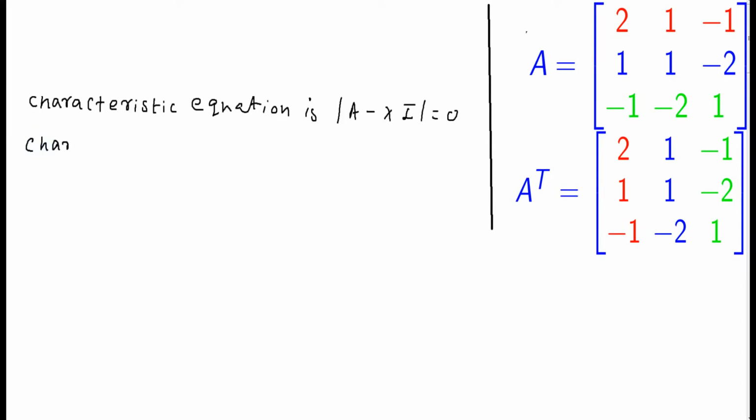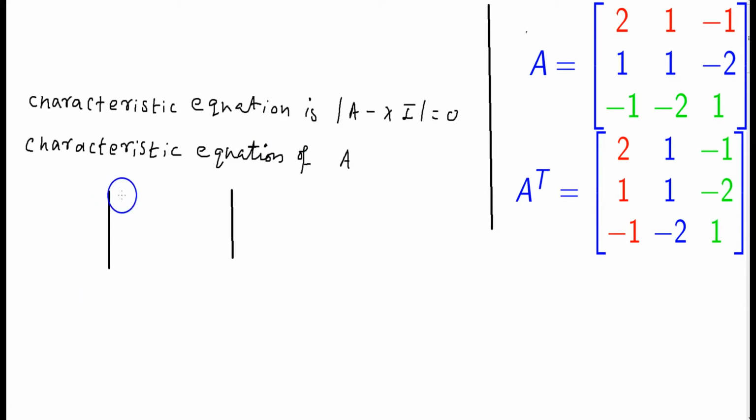Then the result of A minus lambda I becomes mod [2 minus lambda, 1, minus 1; 1, 1 minus lambda, minus 2; minus 1, minus 2, 1 minus lambda] equal to 0.